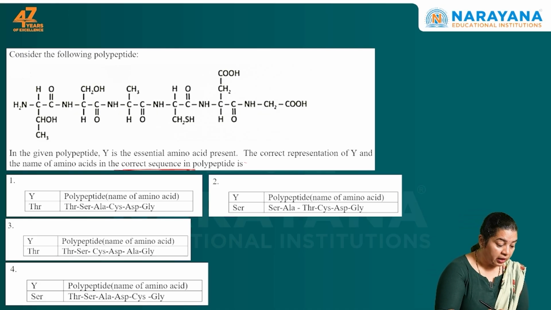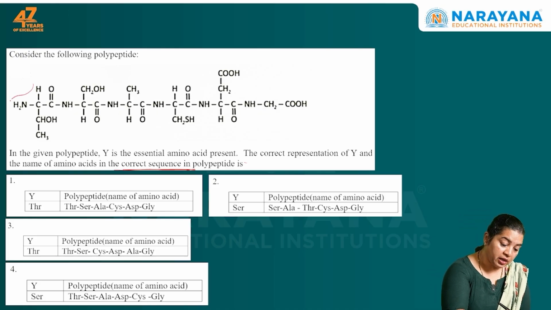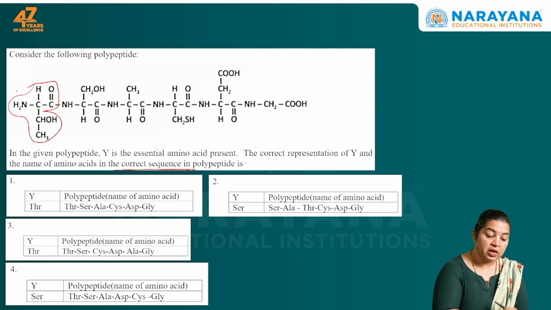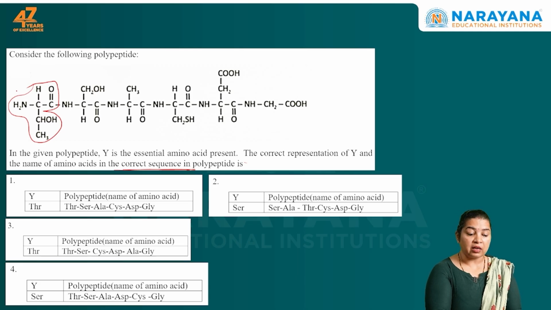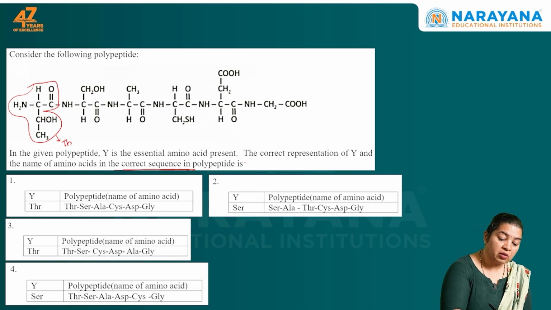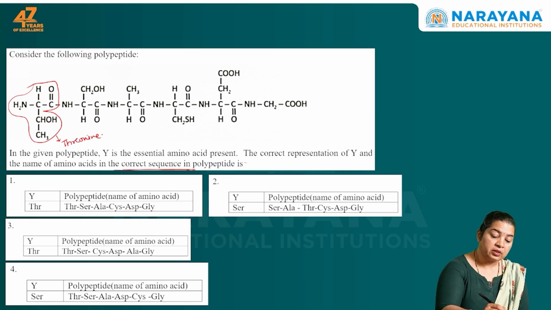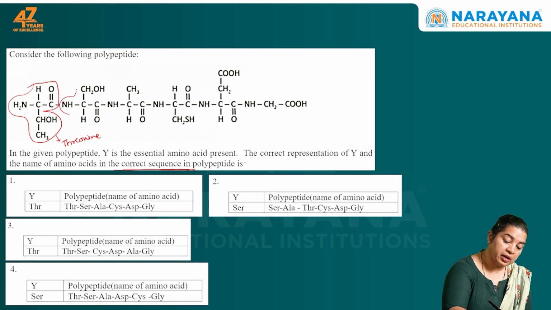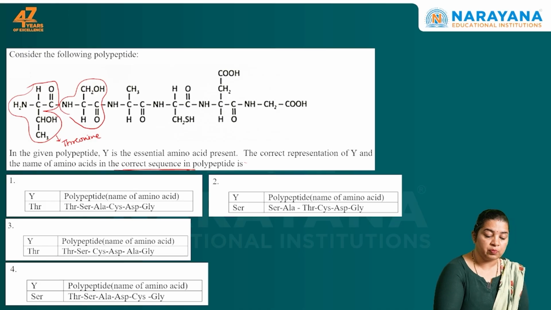Let us check. First amino acid: NH2CH CHOH CO, this part is our first amino acid. This is threonine. Second amino acid: NH CHOH CO, this part.